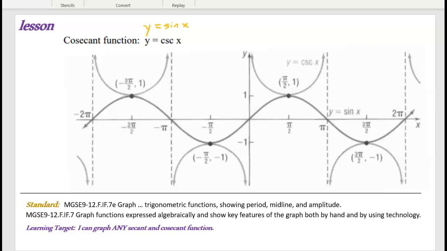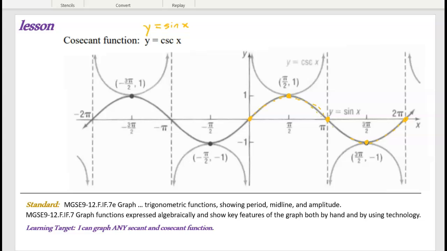Let me remind you, sine goes through the origin initially, goes up to 1, comes down, hits the x-axis, hits the midline. The midline is what we're going to focus on. Midline, max, midline, minimum, midline, that's one full period.